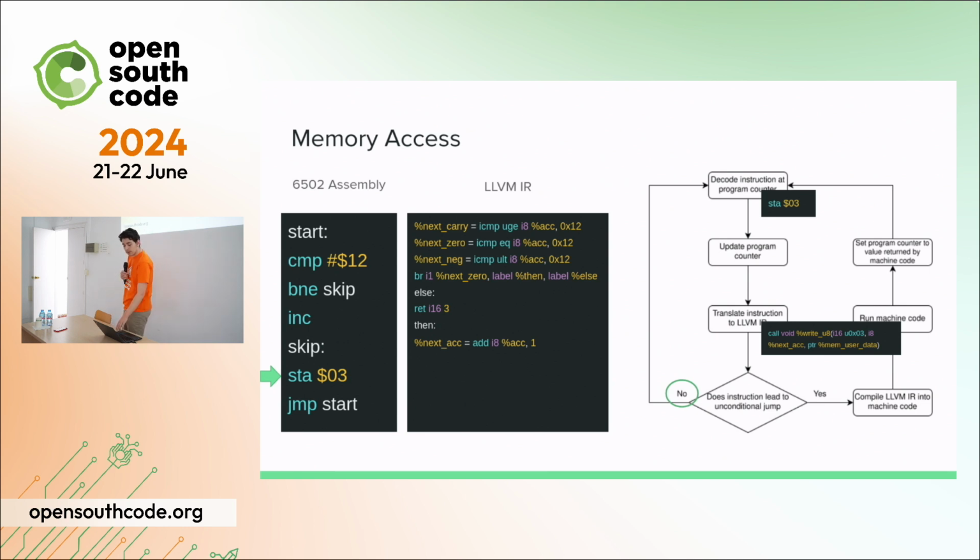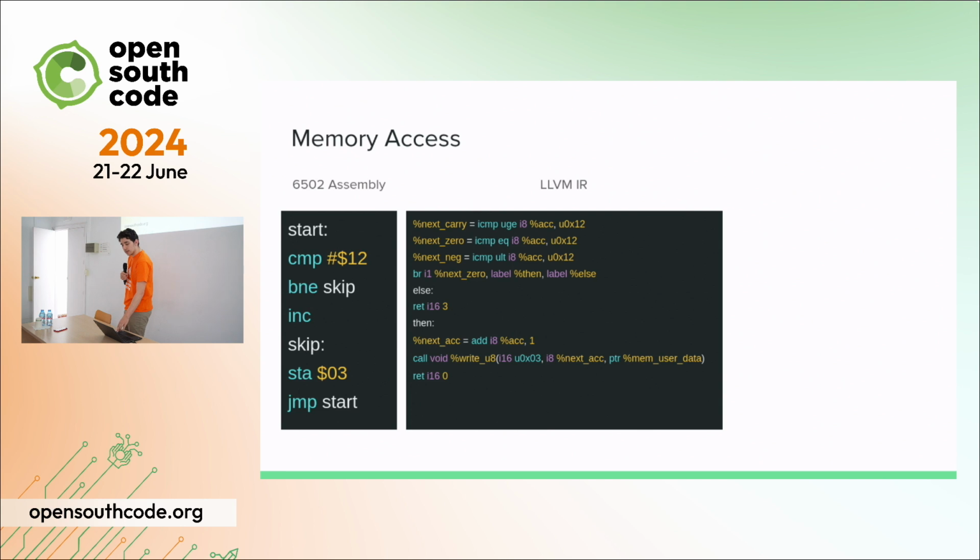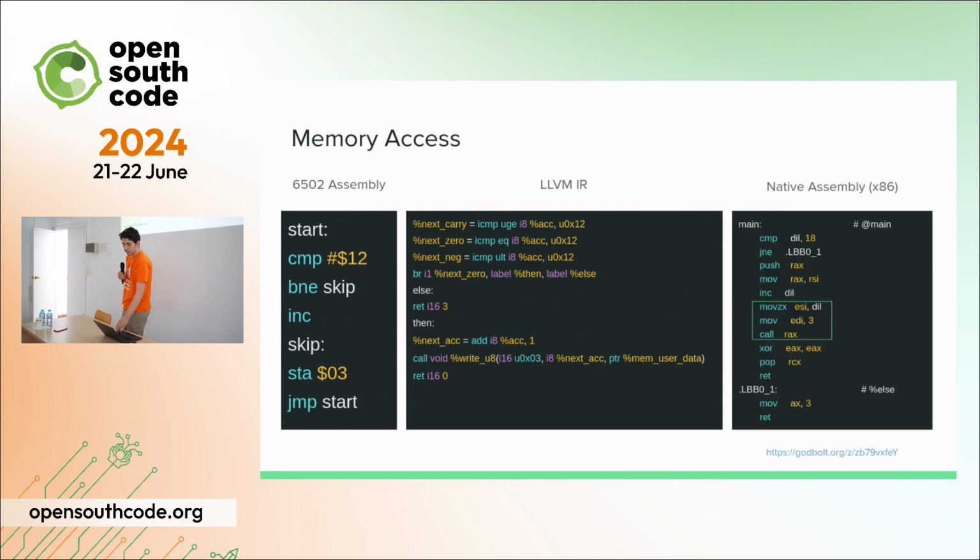Now this compiles to this x86. The part that actually changed was just the green box, which moves the different values into the registers that they need to be, and then calls the write U8 function.